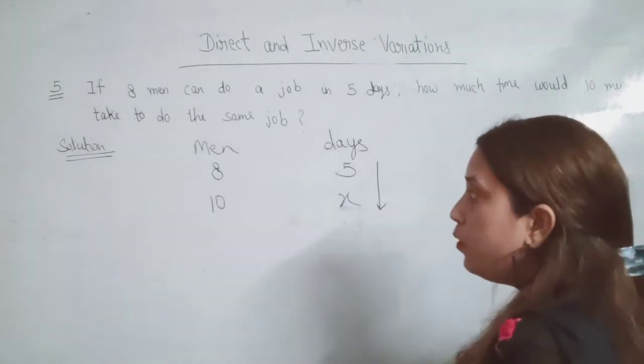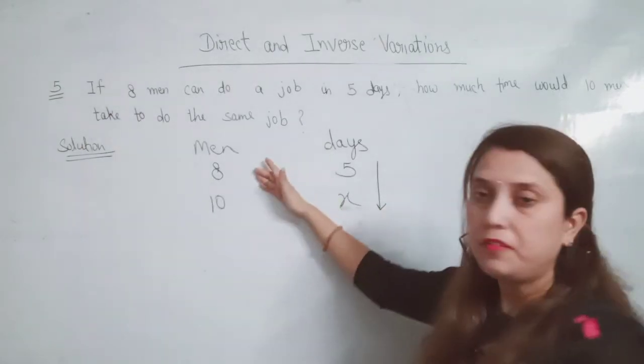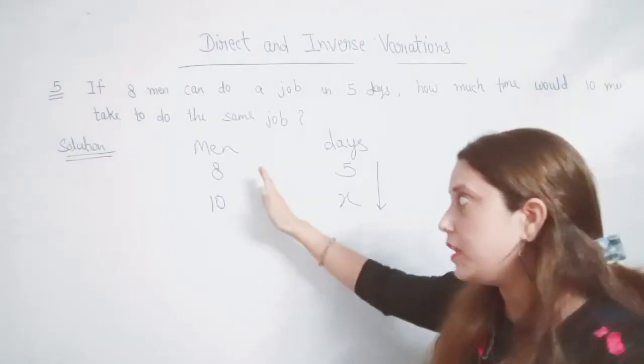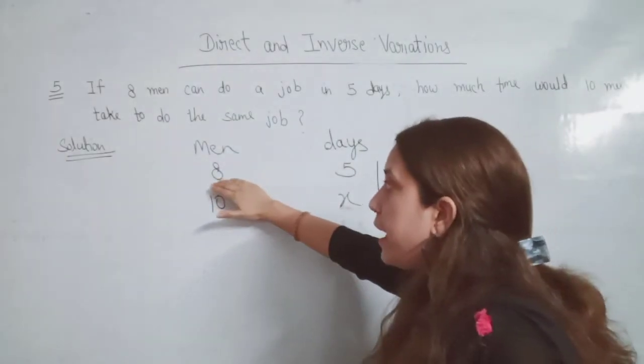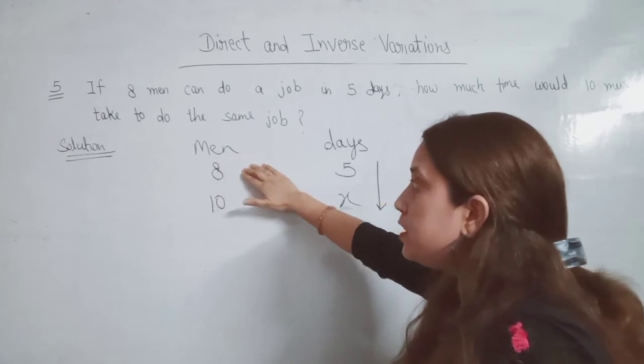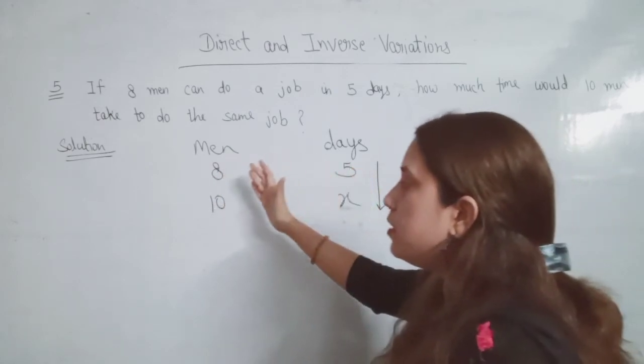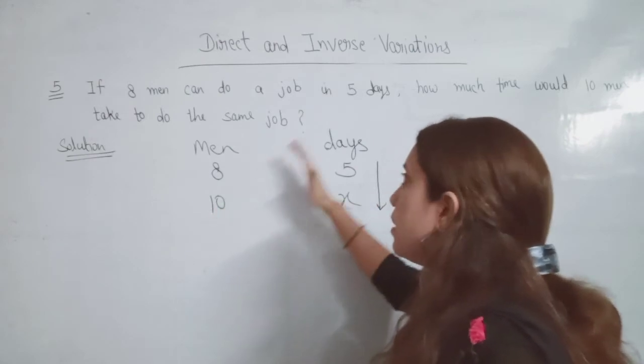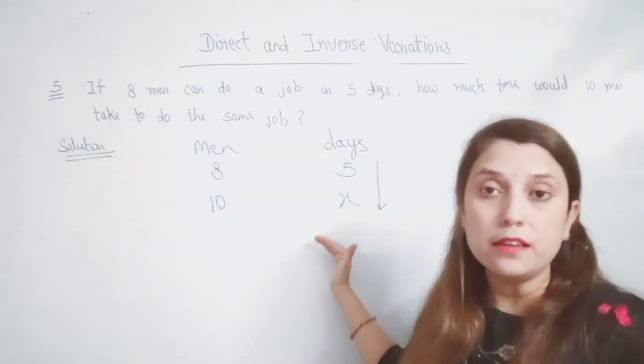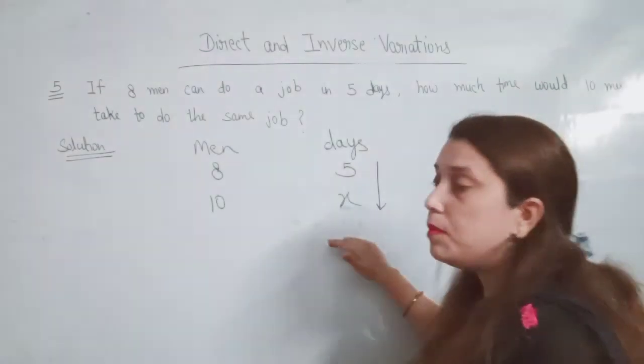Okay, now first we check whether this is direct variation or inverse variation. If 8 men can finish the work in 5 days and we increase the number of men, then the number of days will be decreased.